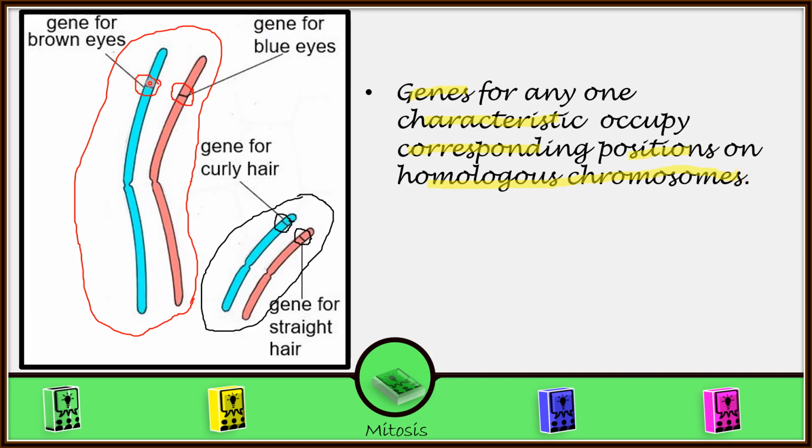At this point we have a gene controlling the eye color, and at this position here we have a gene controlling the type of hair. We can go to other points, and you may find another gene here, and another here. These genes will be controlling the same characteristic at that corresponding position.